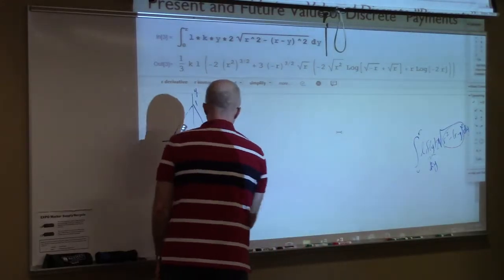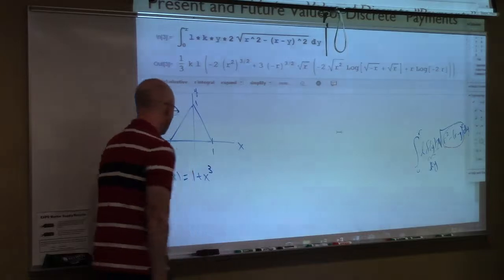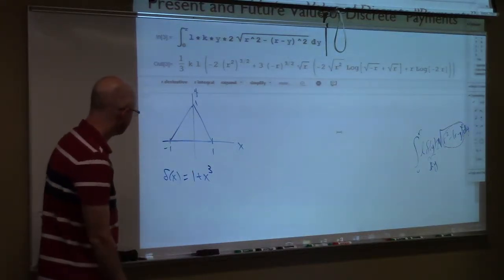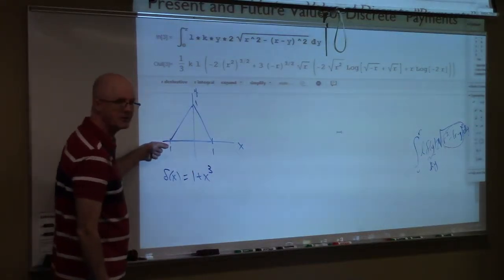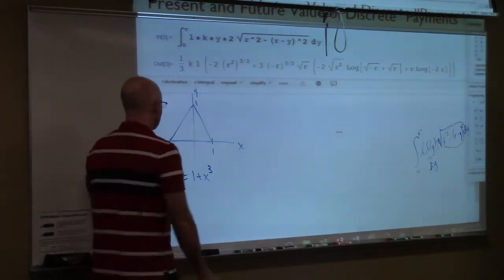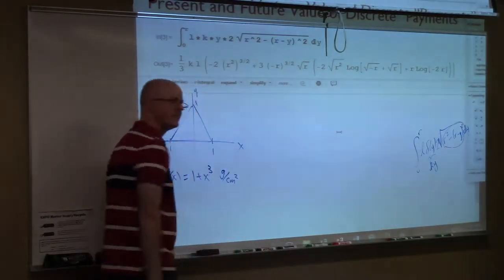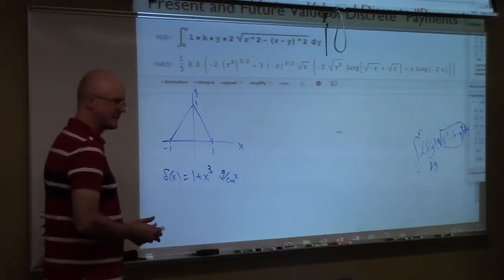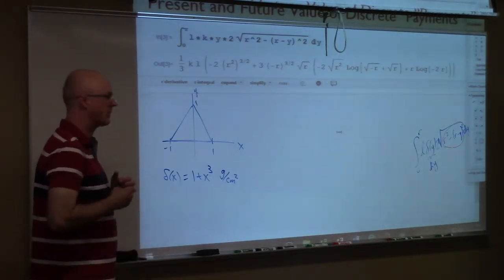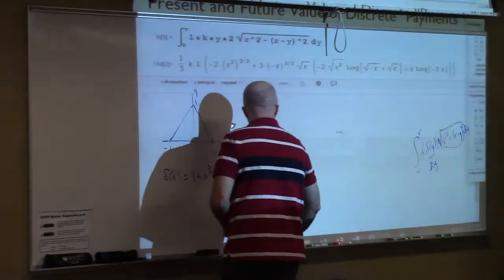It's going to be symmetric. Let's make it unsymmetric. So actually, this is going to be more like the book's example, a density that approaches 0 as x approaches negative 1. It's an area density, grams per square centimeter, say. What's the mass and what's the center of mass are our goals here.